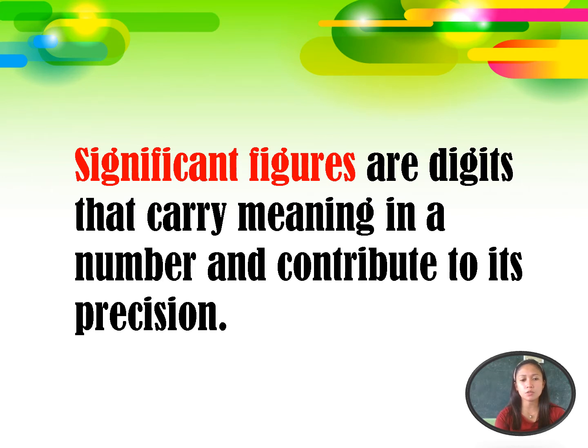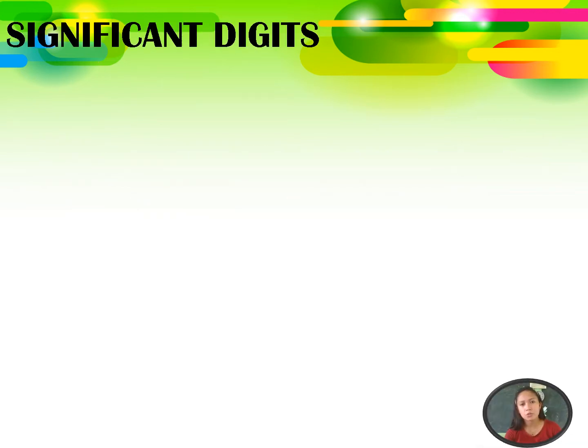So first, you need to know how to identify significant figures or significant digits for you to understand how to write numbers in scientific notation. Here are now the rules in identifying significant digits.